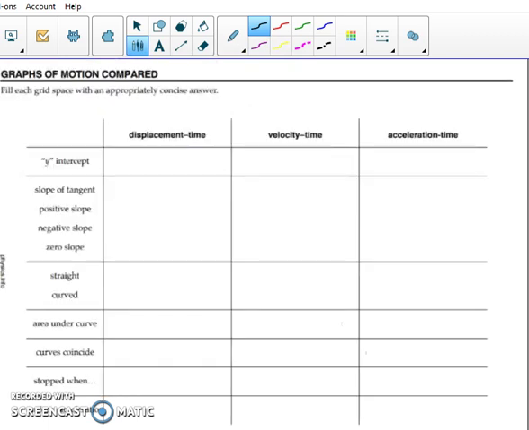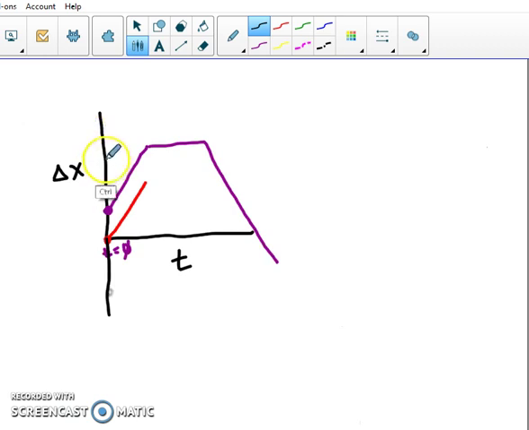Now we've got to look at the slopes. What do the slopes look like? Well, this slope compared to this slope compared to this slope, what do they mean? I am moving a certain amount of position in a certain amount of time.